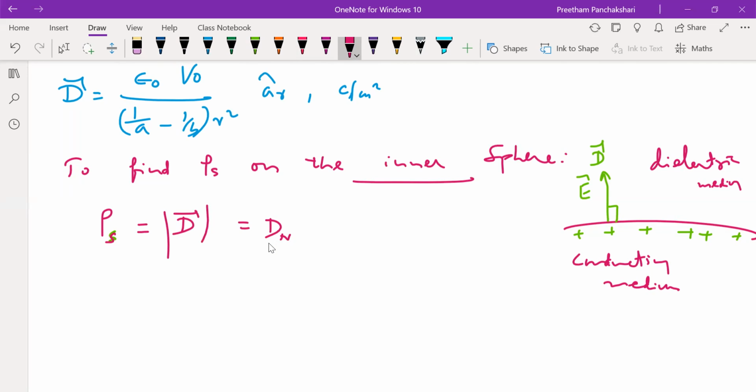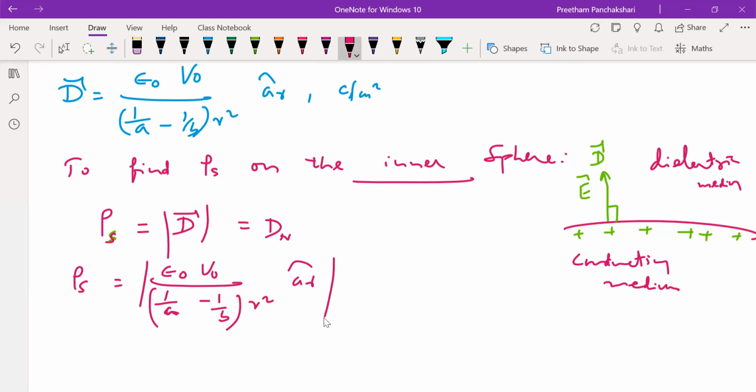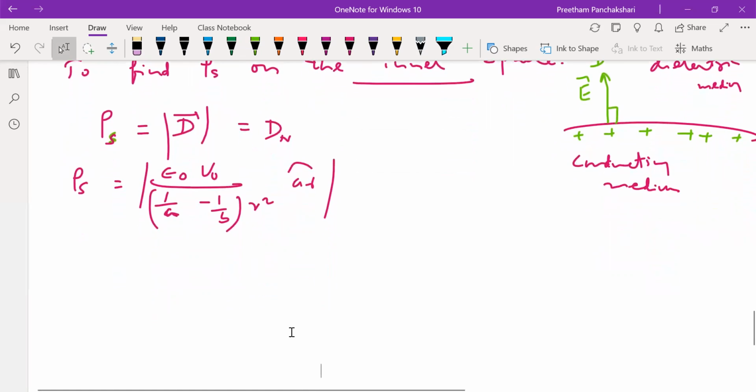The normal component of D gives rho S. Therefore, modulus of epsilon naught V naught 1 by A minus 1 by B into R square A cap R falls within the modulus sign.